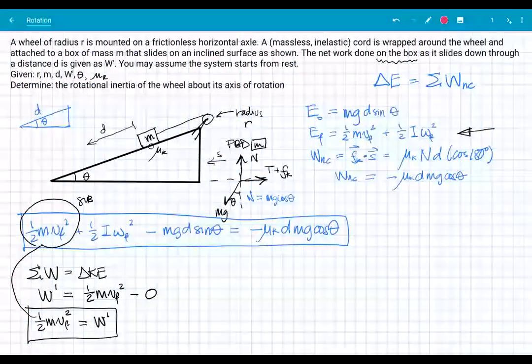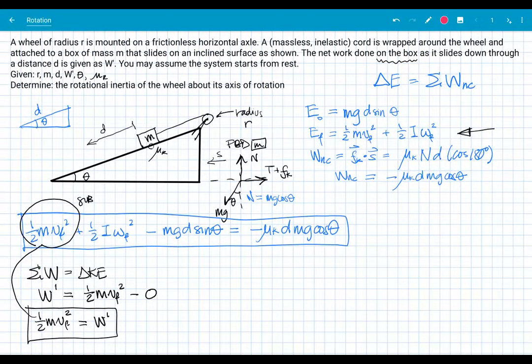So think about how we can write that omega in terms of the R. I could say omega final is equal to v final over R, because the radius of the pulley is given. So that means that omega final squared, which is the quantity that I have, is equal to v final over R squared.